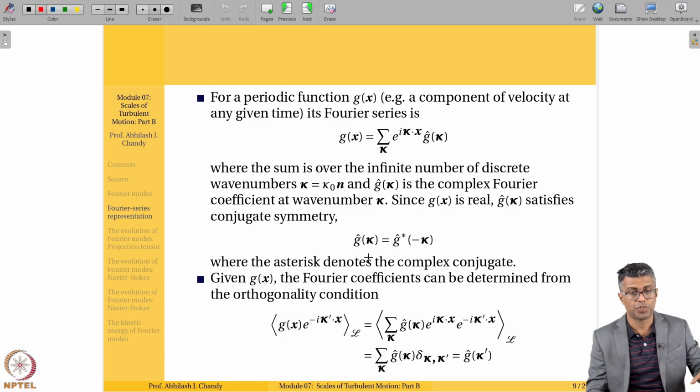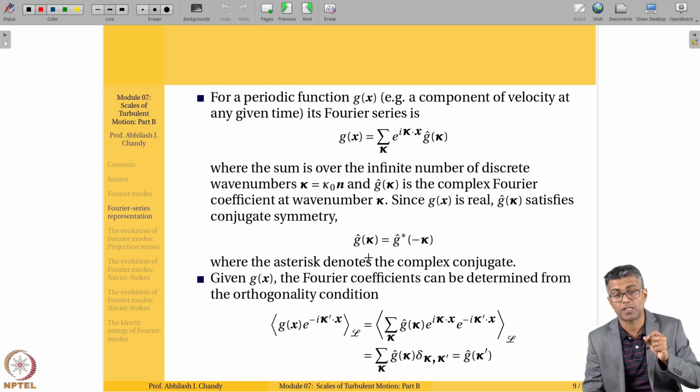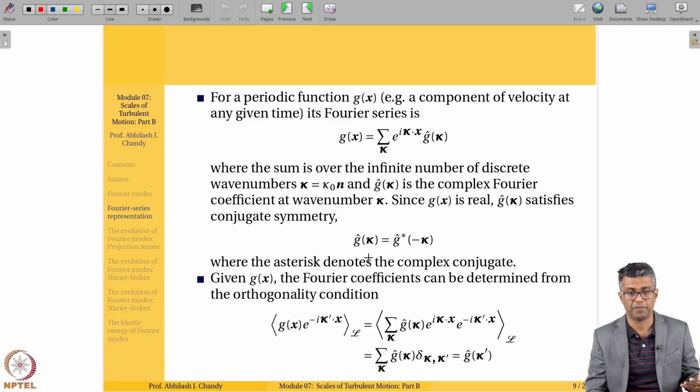Since g of x is real, g hat of kappa satisfies the conjugate symmetry, so g hat of kappa is g star of minus kappa. The conjugate symmetry is always satisfied by the Fourier series. Because g of x is a real variable, g hat of kappa is the complex conjugate of the negative wave number. The asterisk represents the complex conjugate.